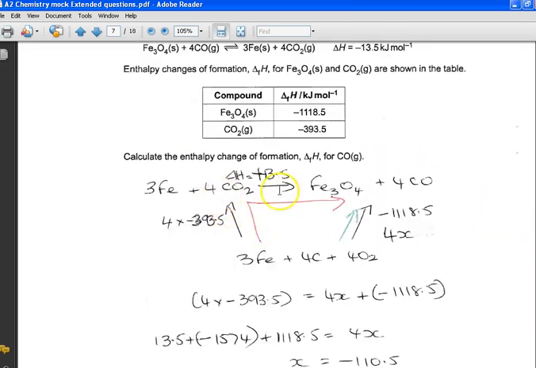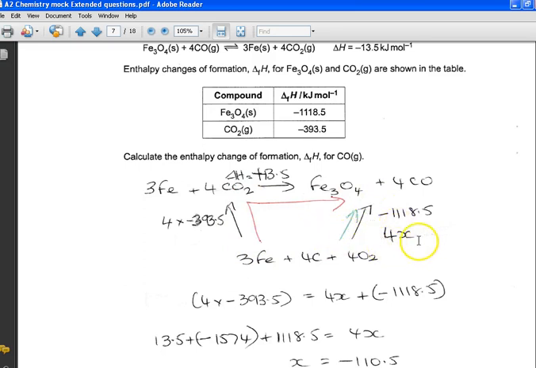And then once you've written that, you put your elements at the bottom here, and then you put your arrows in to show the routes. So your delta H is obviously the enthalpy change of reaction. That goes on that arrow. Recognise your two routes. Because this is formation, these elements are forming these substances. So the arrows are going up. So you've got this route and this route.